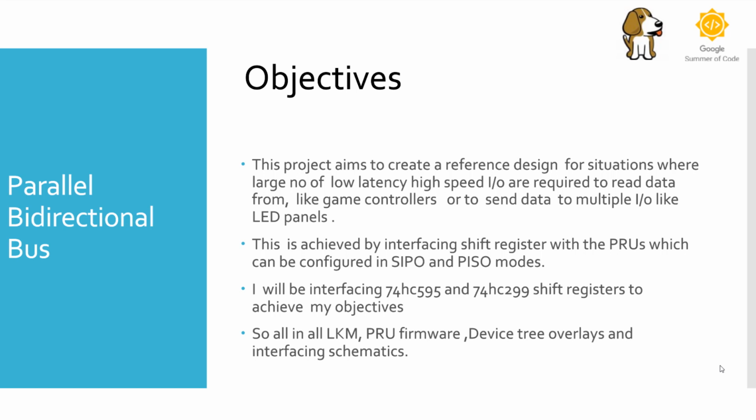The shift registers that I have chosen to interface are 74HC595, which is a serial in parallel out register, and 74HC299, which is a universal shift register and can operate in both the SIPO and PISO modes. So in order to accomplish all the tasks, I need to write one LKM, GPIO chip loadable kernel module, a PRU firmware, some device tree overlays, and some interfacing schematics.